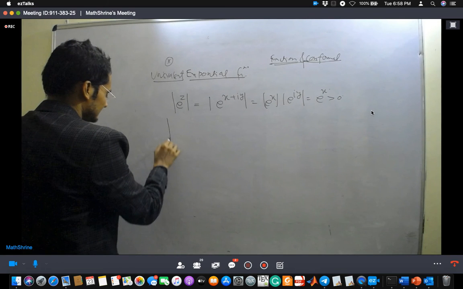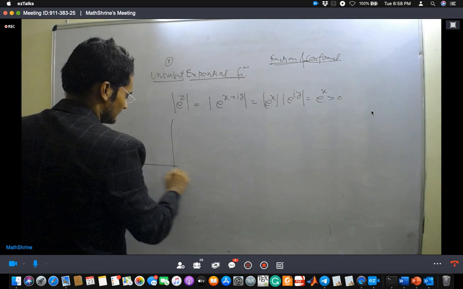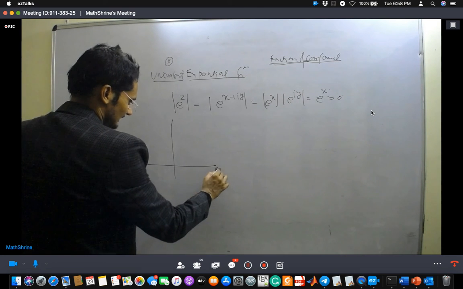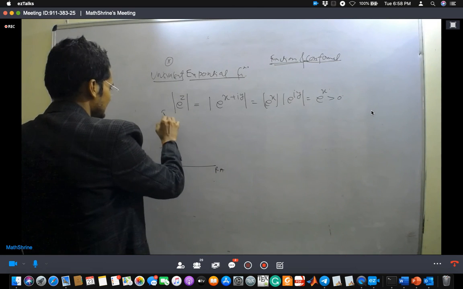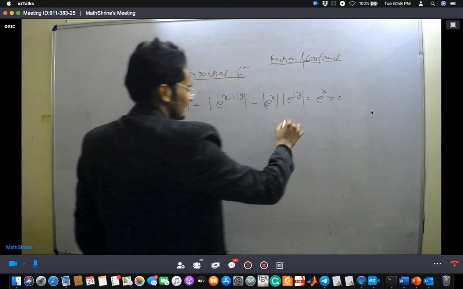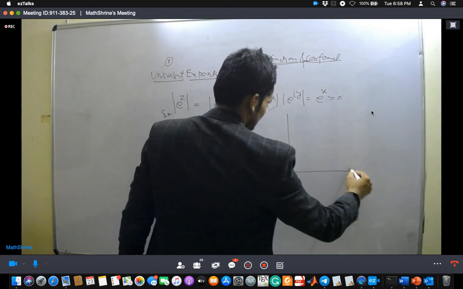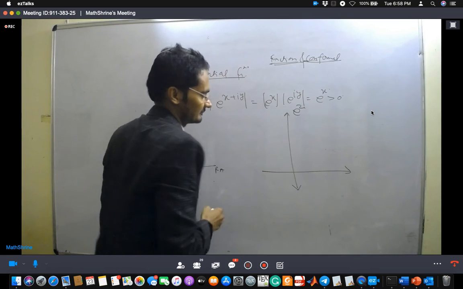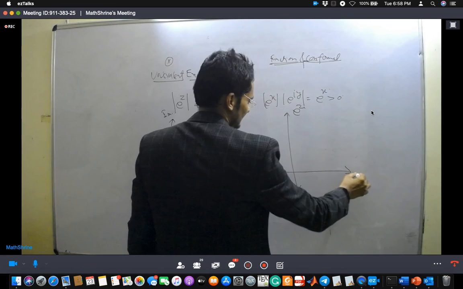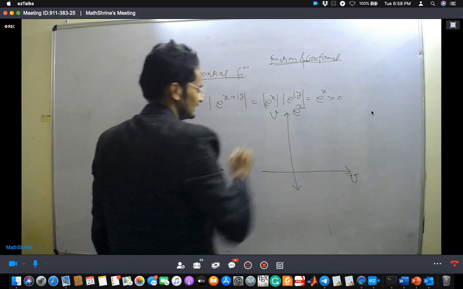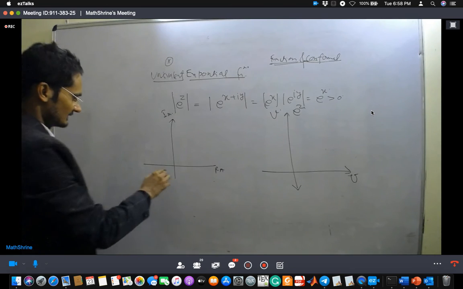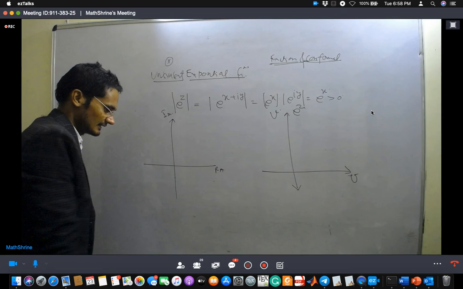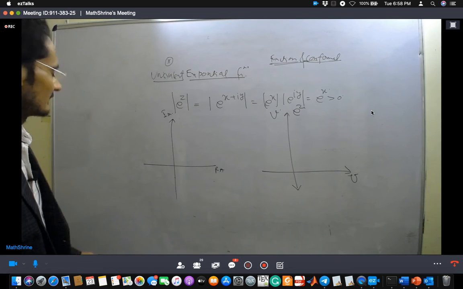This is the real part, so I can say it is u, and this is v. Let me repeat again. The function is purely imaginary. The exponential function is periodic with fundamental period 2 pi iota.